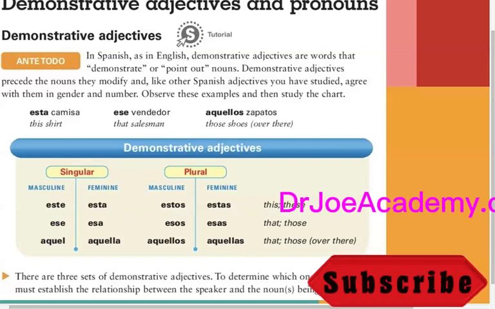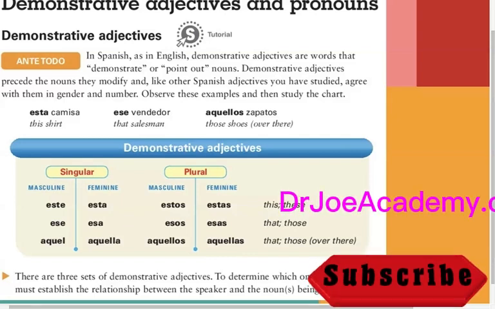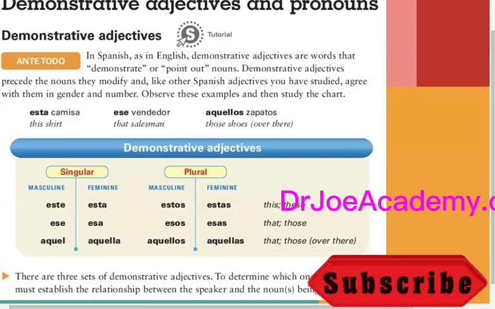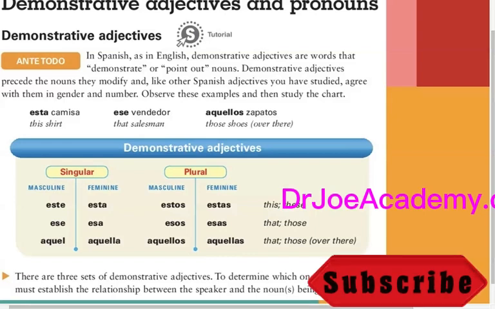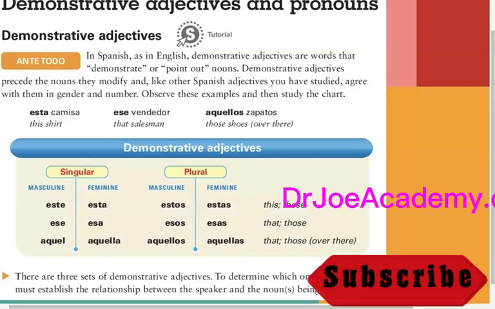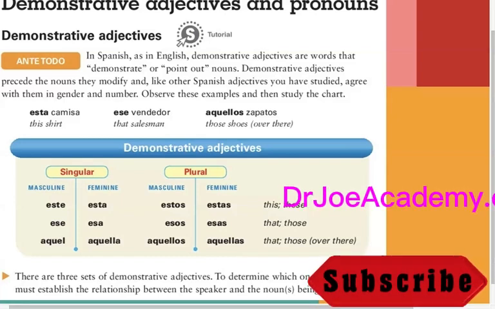Let's say this, these. How do you say this, these in Spanish? Ese, esta, estos, estas. Okay, esta, estos, estas. Now I just want to know this.